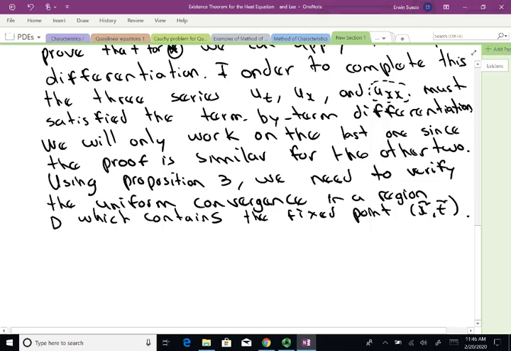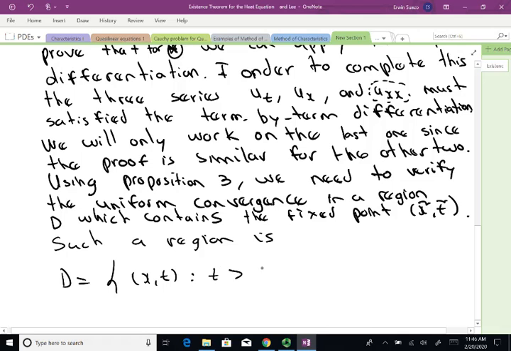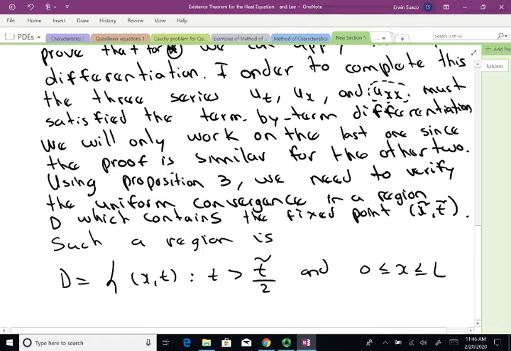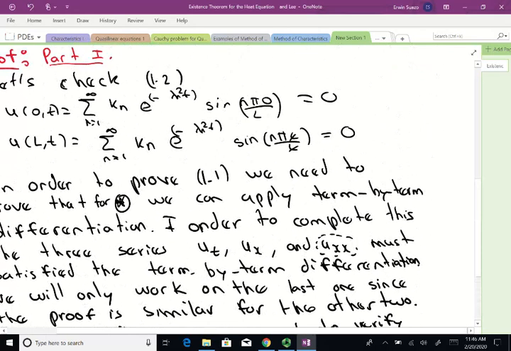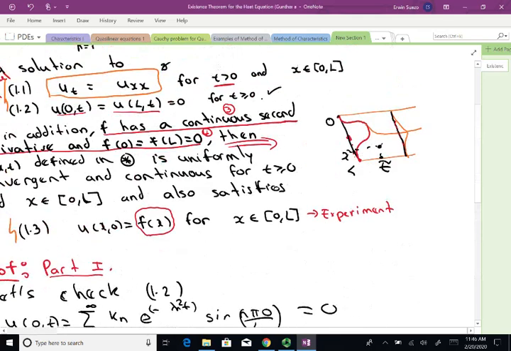So that's why you fix the point. Okay. So such a region D is equal to the set of x, t with t bigger than t bar over 2, and x between 0 and L. So that's the region.